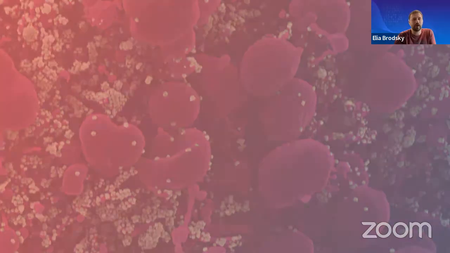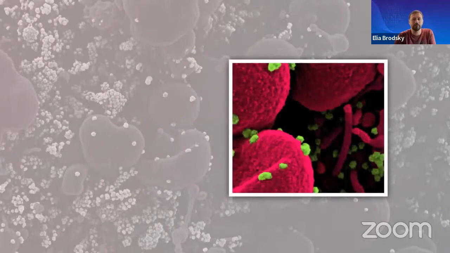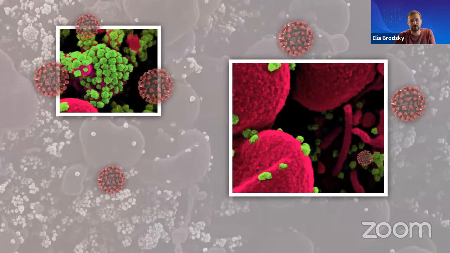So bioinformatics, I think, is one of those disciplines that allows us to stay somewhat optimistic about the future of infectious disease research.